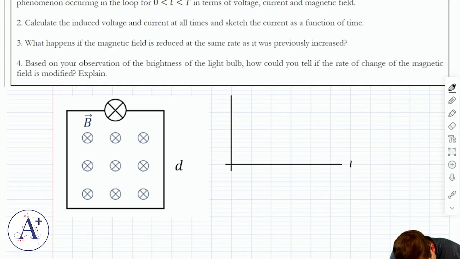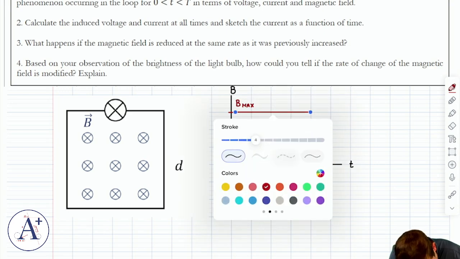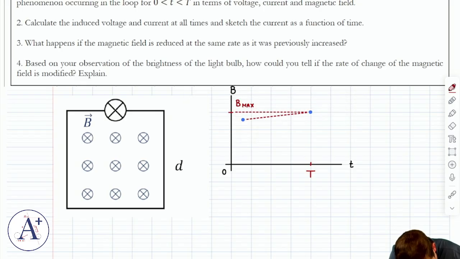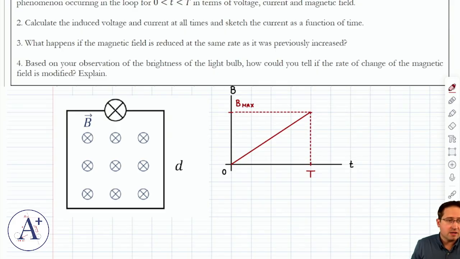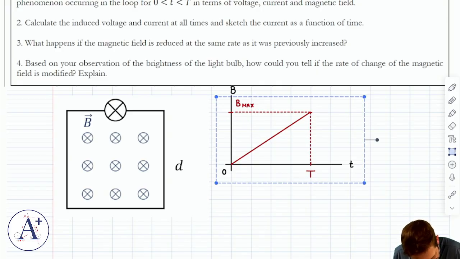So this is time, and this is B. B starts at 0, and in a time capital T reaches a magnitude B max. So it linearly increases. It looks like this. That's the only option, yeah? So B is indeed a function of time.